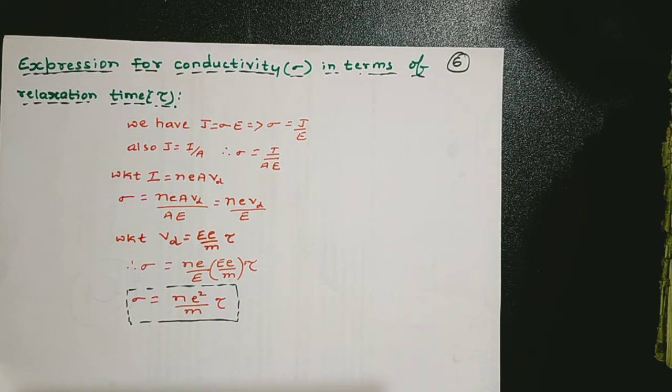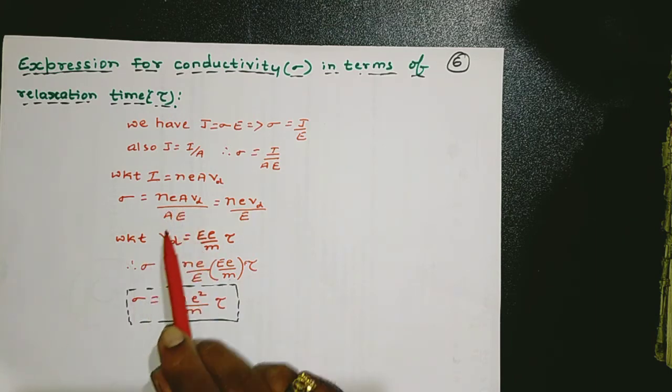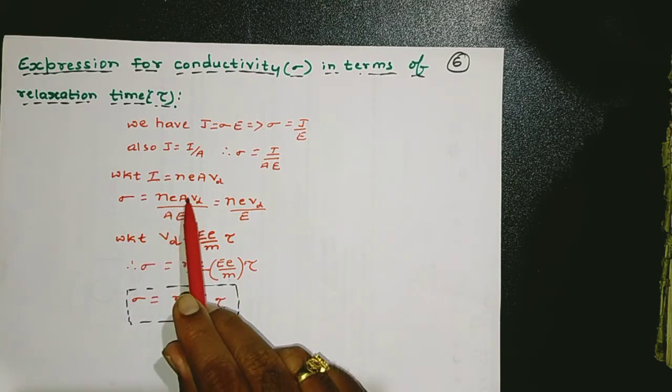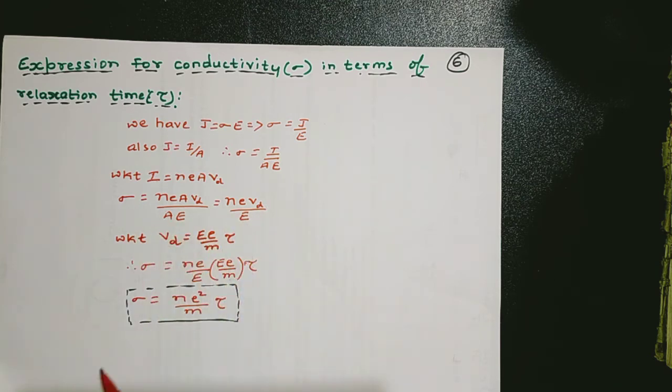E is the charge on each electron. A is the area of cross section of the conductor. Vd is what is called as drift velocity. So sigma may be written as, in place of I, N e A Vd by A into E. A gets cancelled. So N e Vd by E.